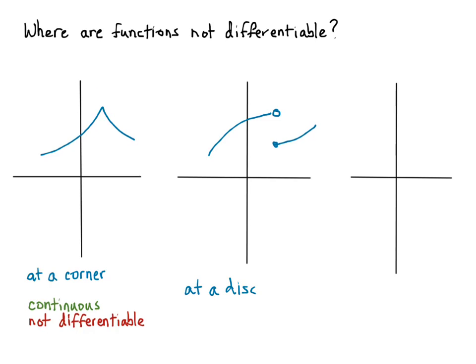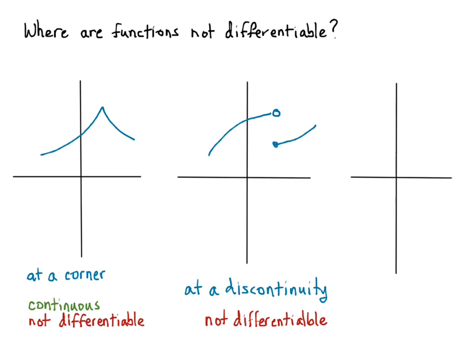Now, if we have a gap like this, a discontinuity, a function must be continuous in order for it to be differentiable. So if we have one that's clearly not continuous, well, the way I've drawn this, it's possible that it could be the same slope, but you can imagine that the slope of the line as we get closer to this point doesn't necessarily have to be the same as the slope as we approach from the right.